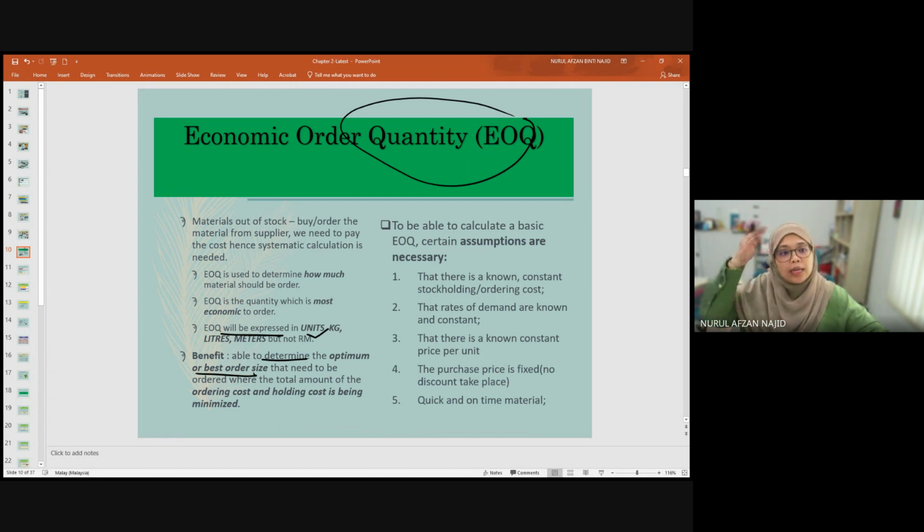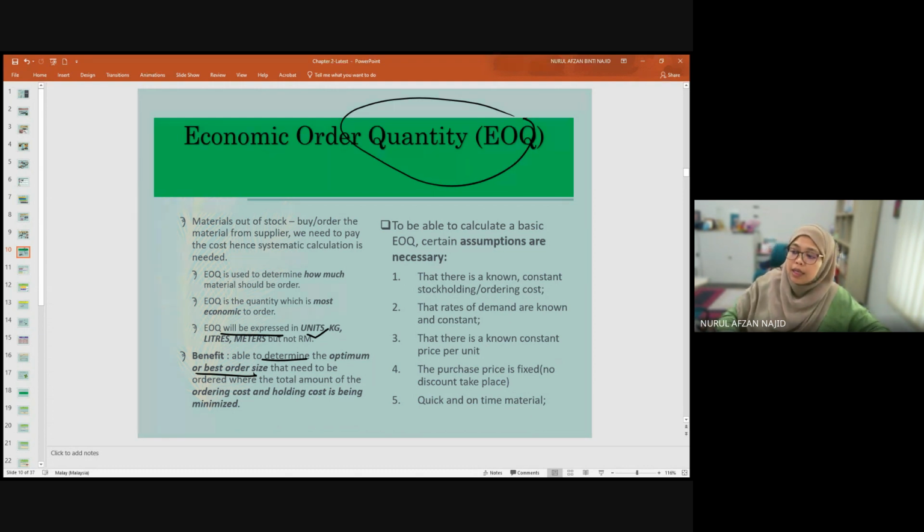Dia akan tentukan. Nama pun economic order. Economic ni adalah the best order, yang paling ekonomi. Apa yang you faham berkenaan dengan ekonomi? Ekonomi adalah something yang you terpaksa keluarkan cost tapi pada tahap yang paling minimum. Okay, but then itu adalah optimum ataupun best order size yang diperlukan.